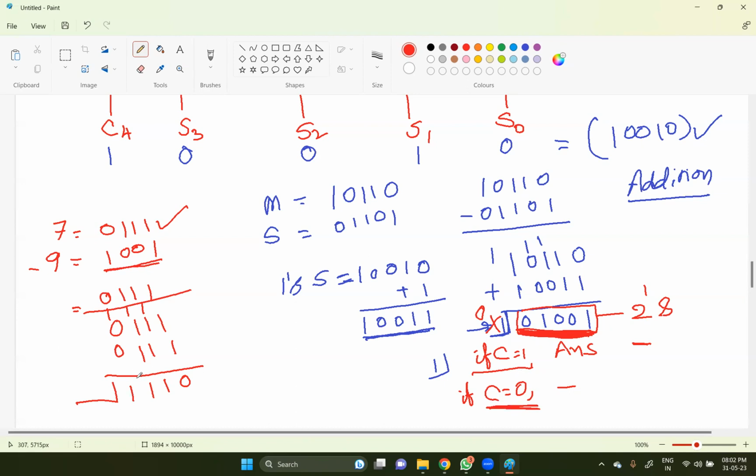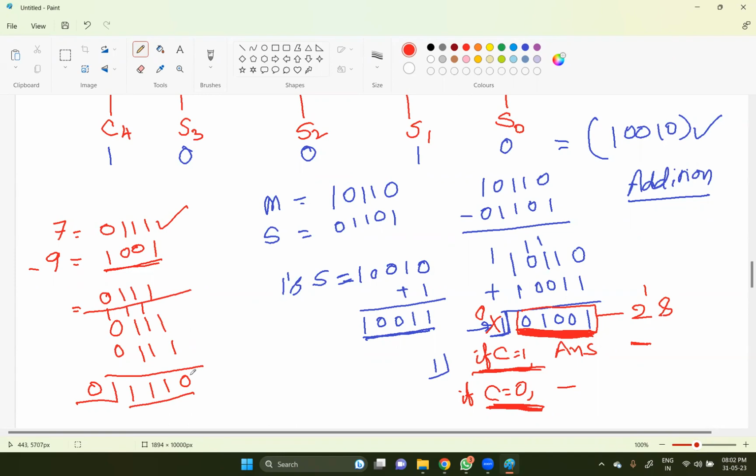Okay, here, carry will be equal to 1, so this is the actual answer. Carry will be 0 in the sense you need to find the 2's complement form and add this one here. So here you can see 0 is the carry, because we got 0 as carry. Identify the 2's complement of this one.